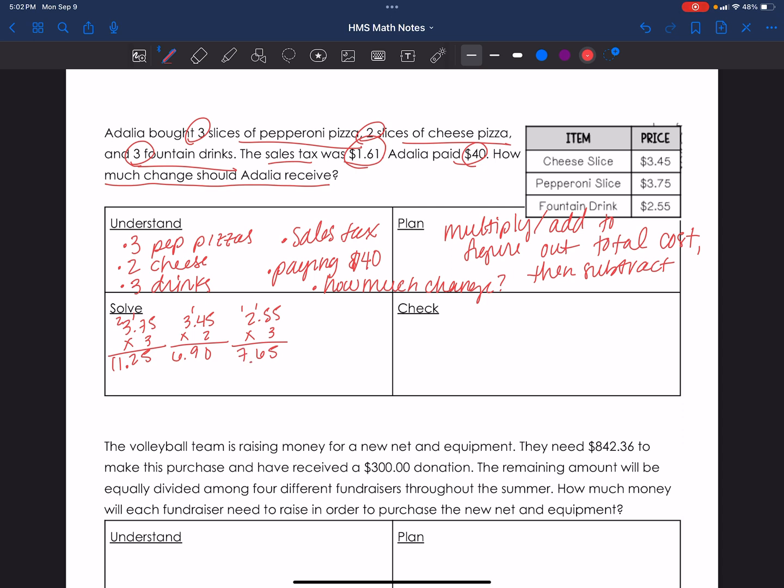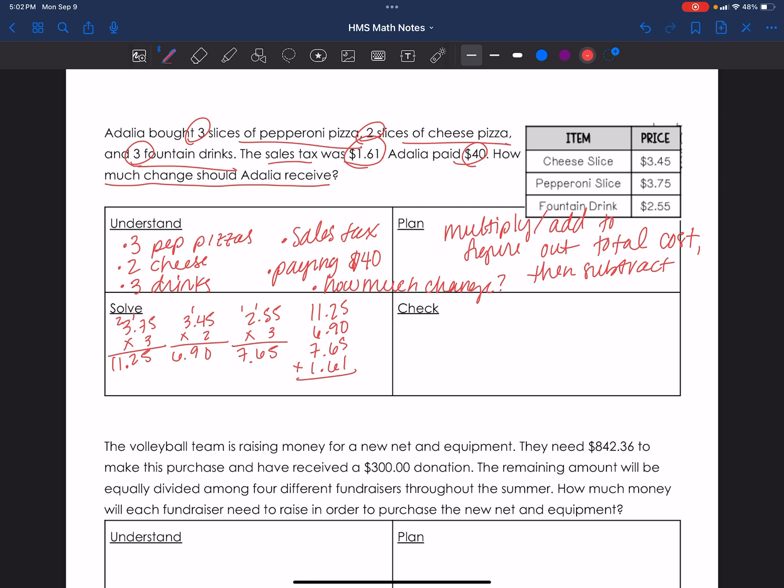Okay, now I'm going to add all these together, aligning my decimals. And the tax, right? Got to add in that tax because, you know, we got to pay our taxes. We live in that kind of society.